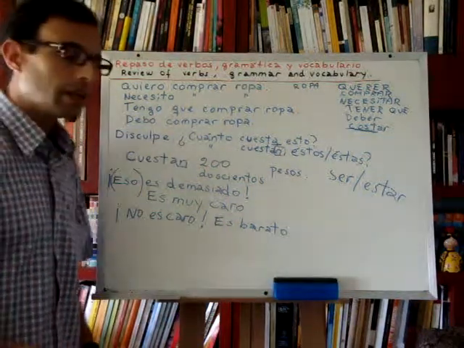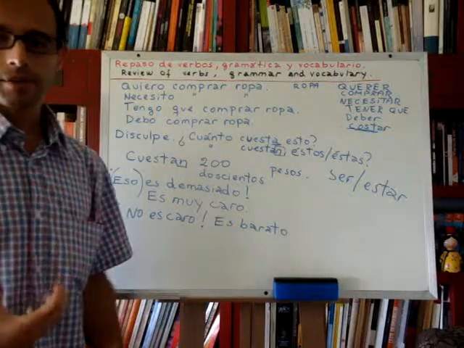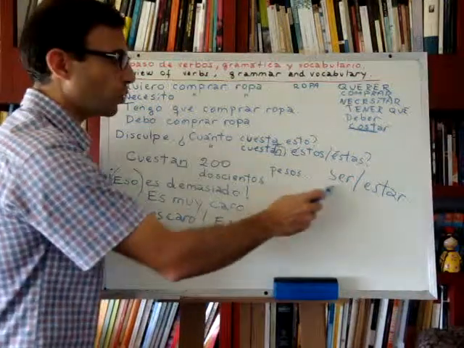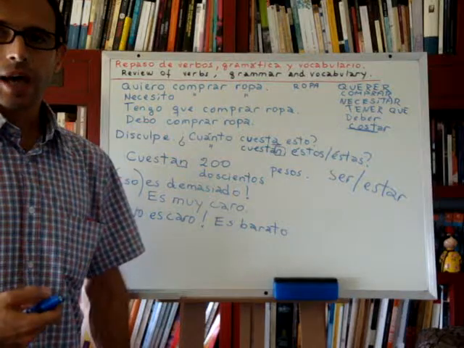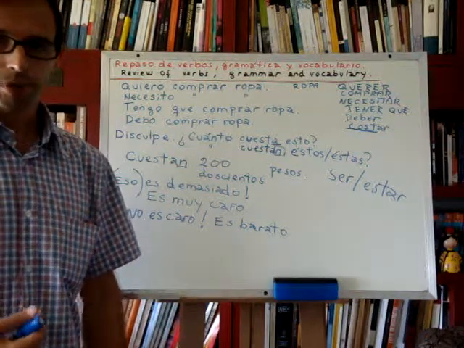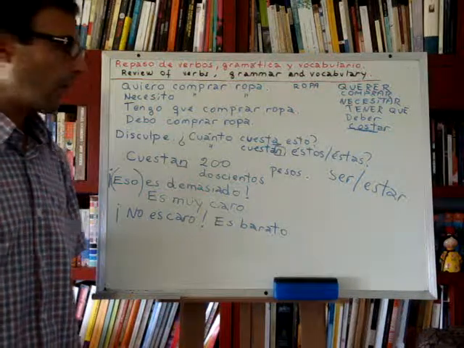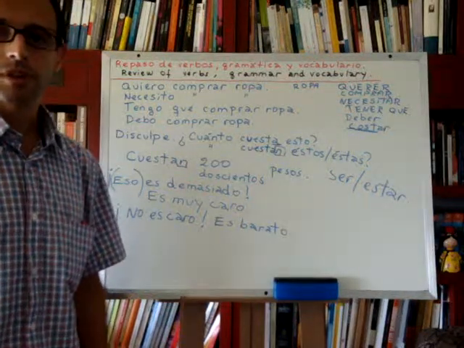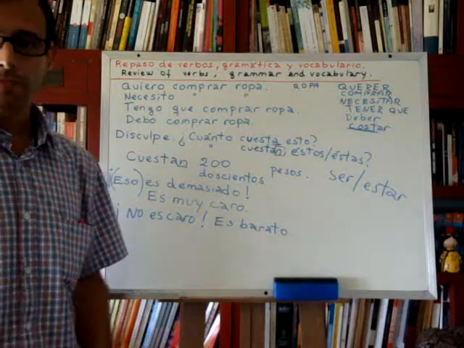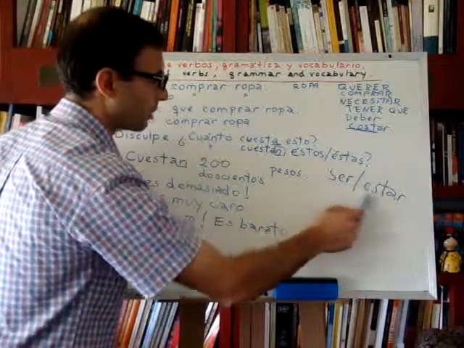For example, I am a man. We use ser, yo soy un hombre. I am Rodrigo, my name. Yo soy Rodrigo. However, something more impermanent. I am happy. Yo estoy feliz.